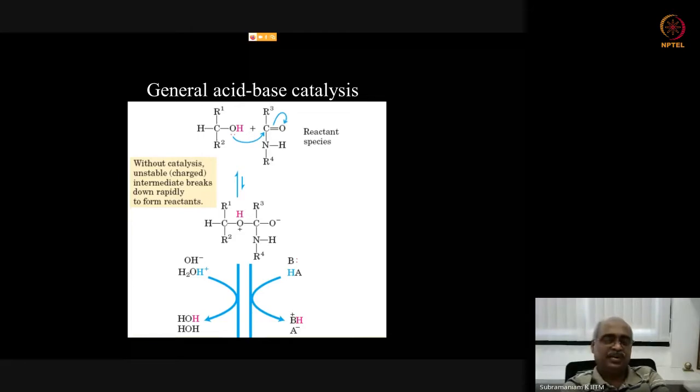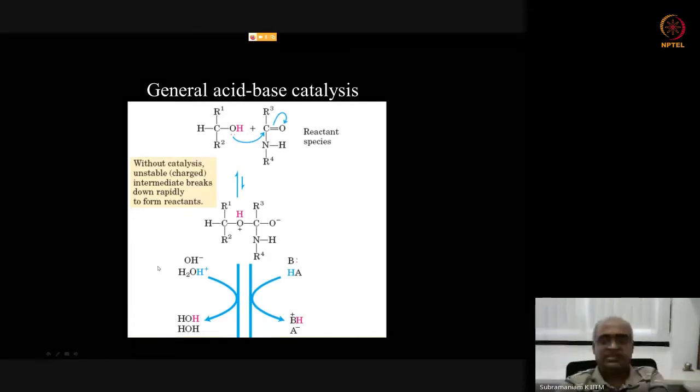Therefore, proton acceptors and proton donors can be very helpful in making sure certain reactions happen, simply because the transition state intermediate is probably an unstable charged structure that normally tends to break down back into the substrate. So they don't cross the barrier. They climb the mountain, but then they constantly slip back. They don't reach the peak to go to the other side. And there, if someone stands on the peak and holds the hand, then this molecule can get there. So there is that sort of an analogy.